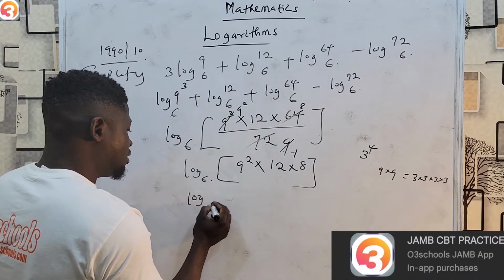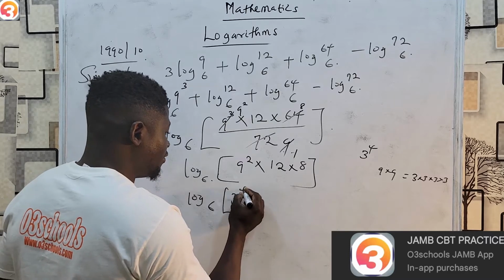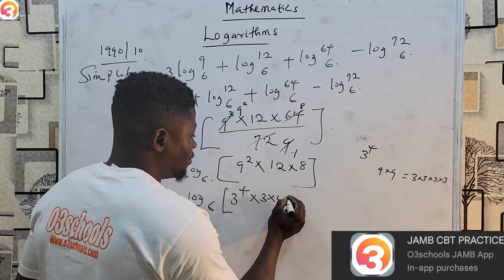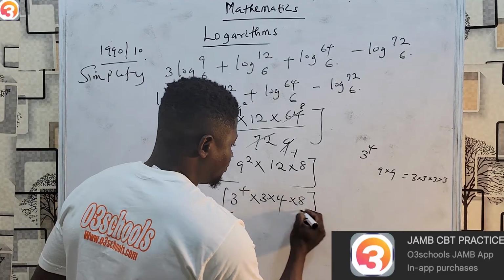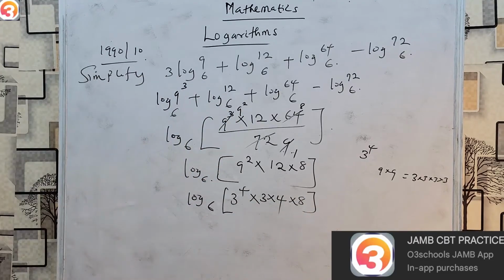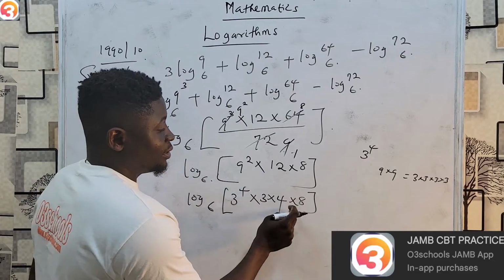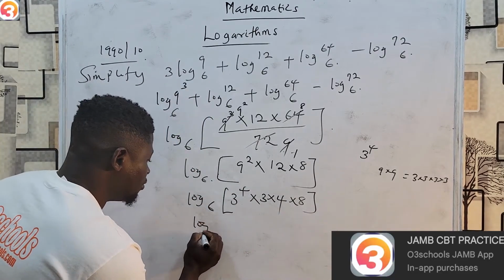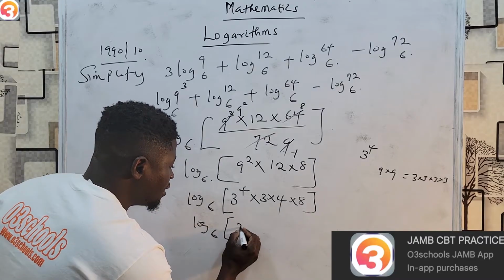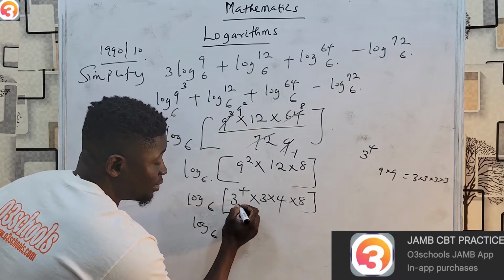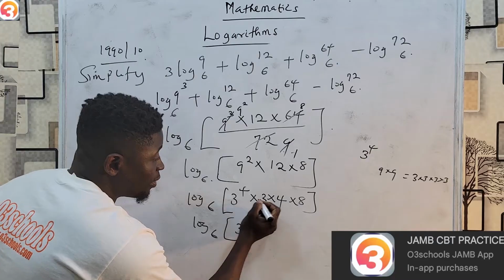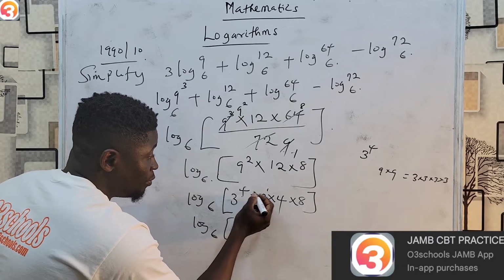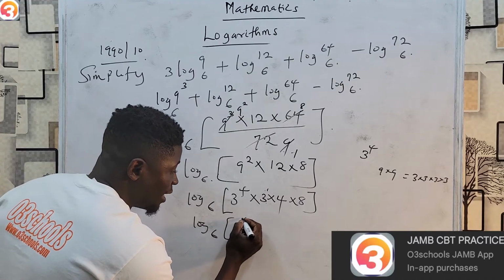So logarithm base 6 is equal to 3 raised to the power 4, then times 12, which is 3 times 4, then times 8. So 3 times 4 is 12, then times 8. We are simplifying, right? So we're going to have logarithm base 6 of bracket 3 raised to the power 1 times 3 raised to the power 4, same thing as 3 raised to the power 4 plus 1, which is 3 raised to the power 5.